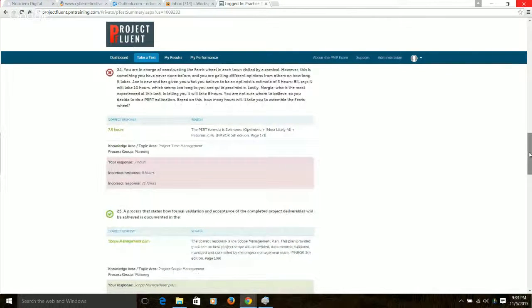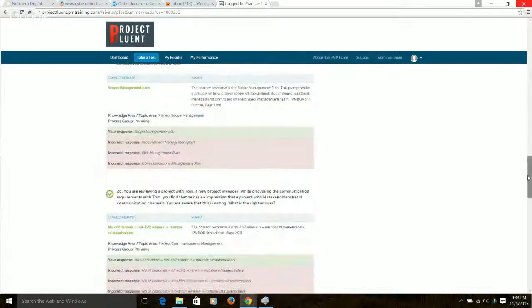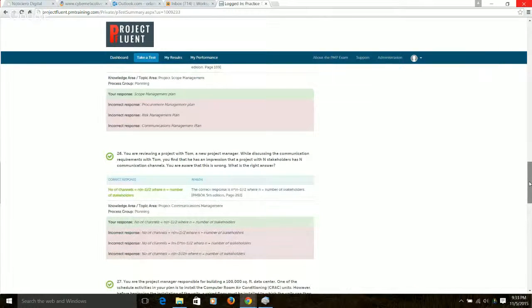A process that states how formal validation and acceptance of completed project deliverables will be handled is the scope management plan. Then you're reviewing project management with Tom, and the right formula for communication channels, which you got right, is N times N minus 1 divided by 2.